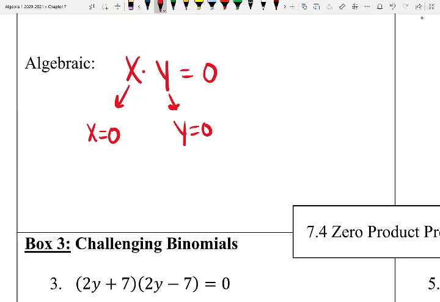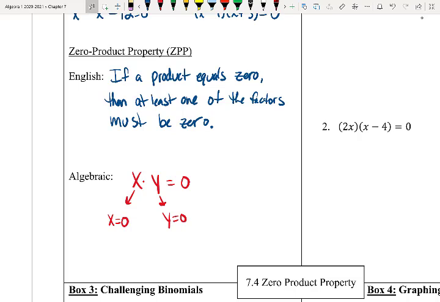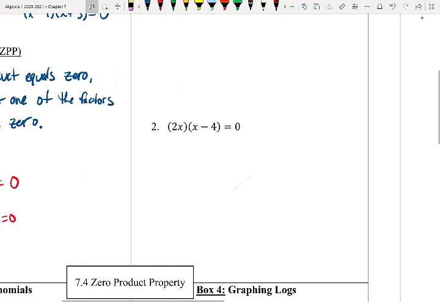That'll give us different options for what the variables could be to make it a true equation. It's going to look pretty similar to when we did absolute value equations, way back in chapter 1, where we split our equation into two smaller equations. It's the same general idea.